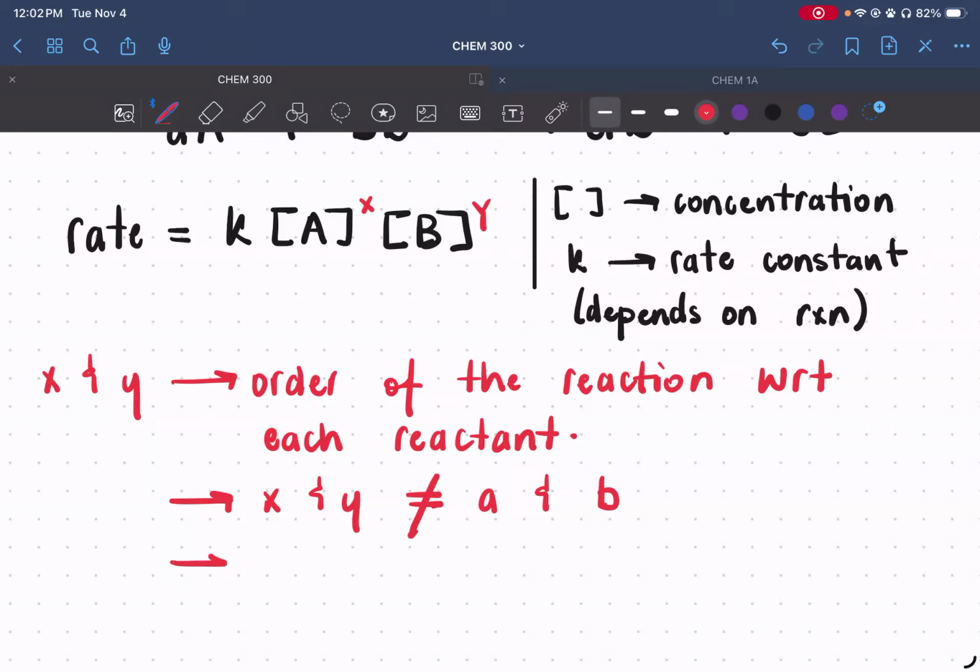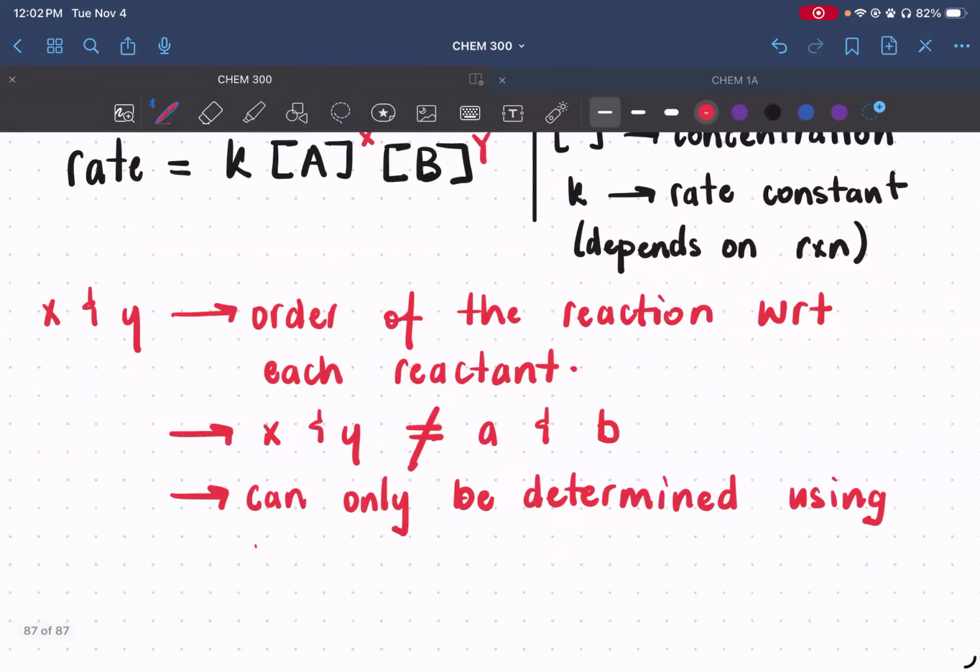In fact, they can only be determined using real data. And by real data, we of course mean I need to give you some information about the experiment, and only then can you identify the rate constant as well as the orders.